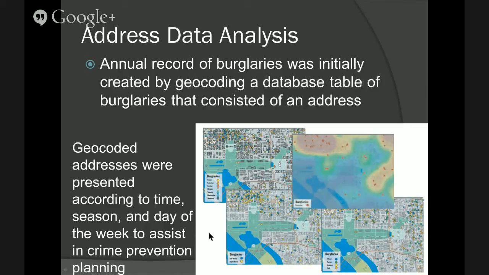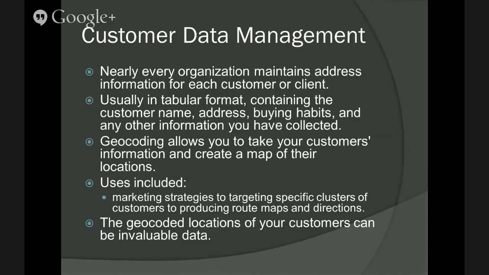In this map, for example, we have burglaries, and the ones in yellow are the ones that happened at nighttime, and the ones in blue happened in the daytime. So you can begin to make some comparisons about where burglaries happen based on the time of day. Again, a very useful way of converting tabular information into point-based spatial information.